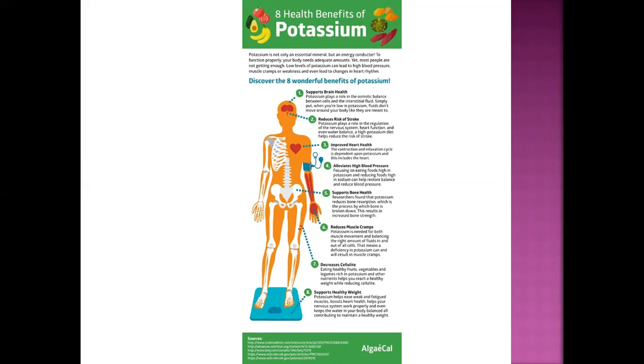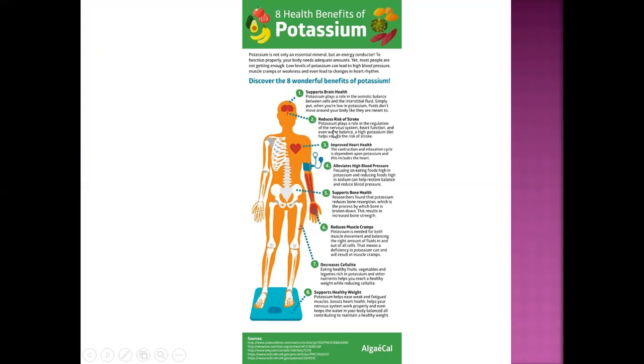The wonderful benefits of potassium are that it supports brain health and plays an important role in osmotic balance between the cells and the interstitial fluid. When potassium is low, fluids cannot move around the body.